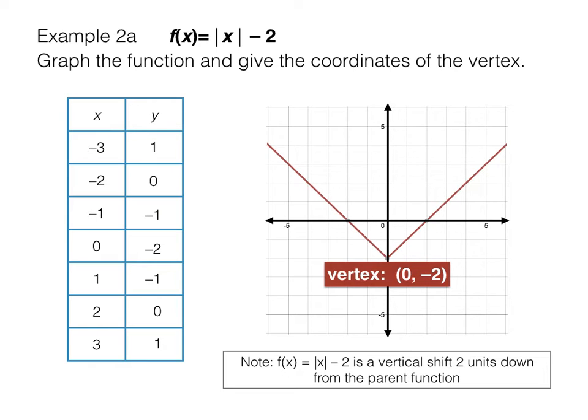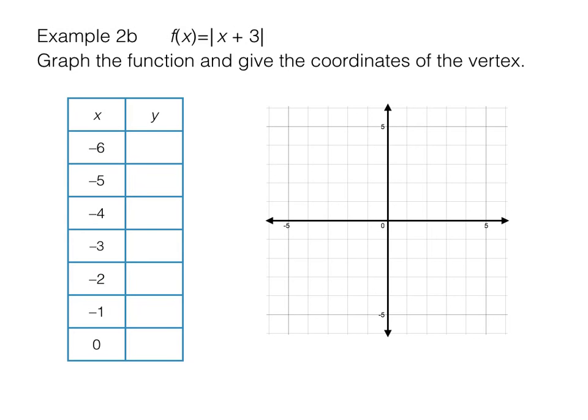All right, we'll look at another example. Here it's graphing f of x equals the absolute value of x plus 3, all inside the absolute value bars. And I'm just going to substitute in my x's. When I substitute -3 in place of x, I get f of -3 equals the absolute value of -3 plus 3.